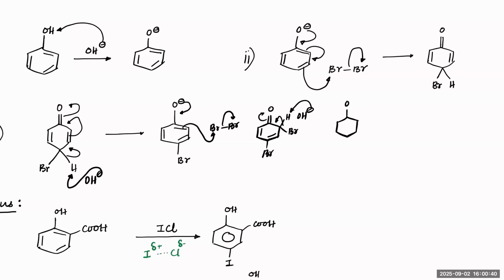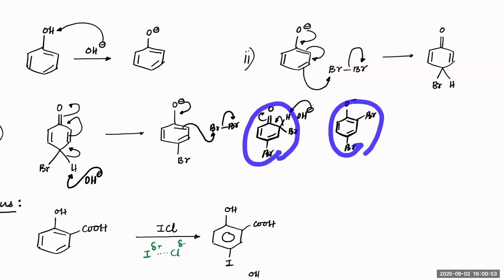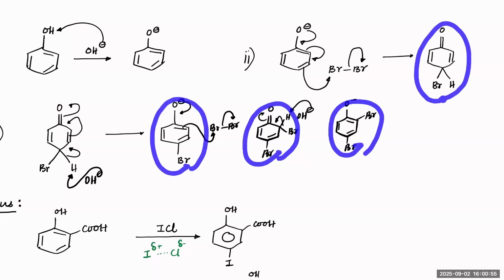So I will get O minus with a double bond to Br and Br, okay? And the same can happen on this side also. These are all different forms of intermediates, correct?